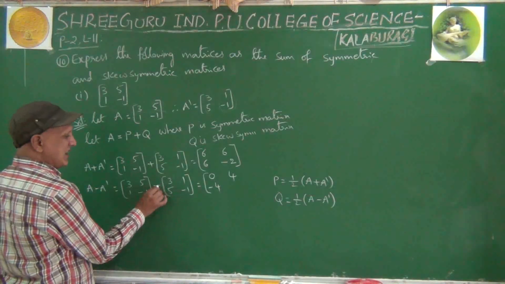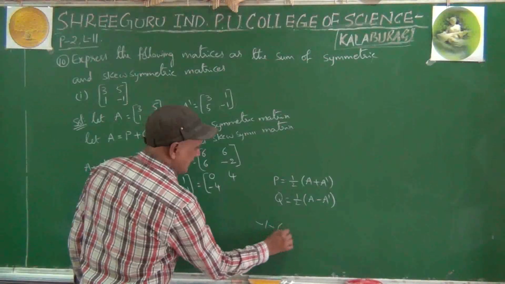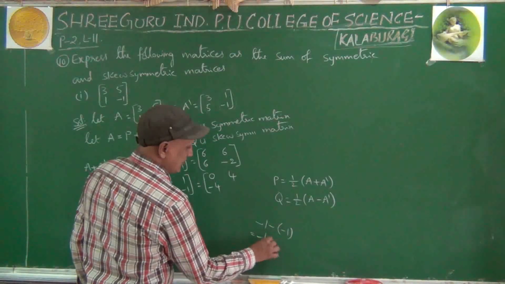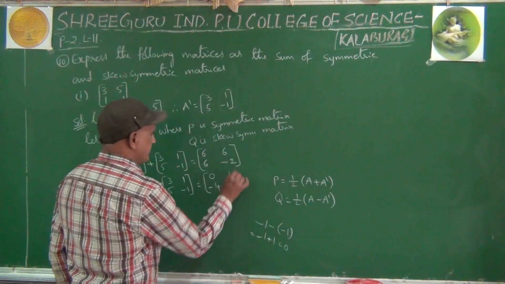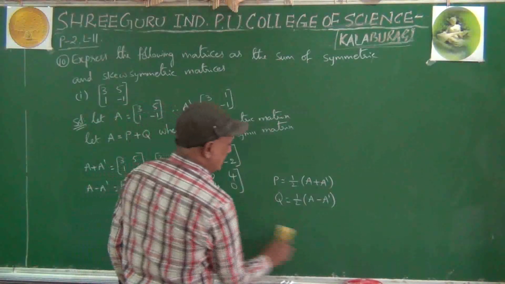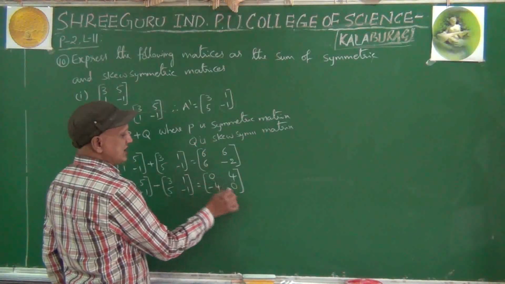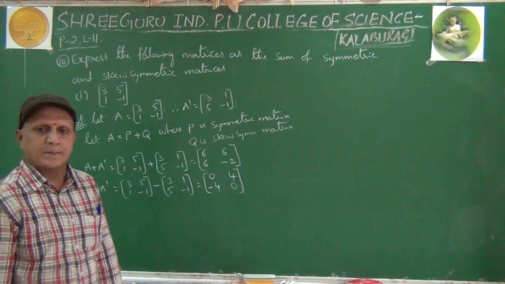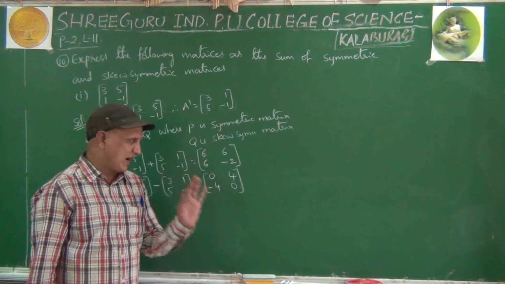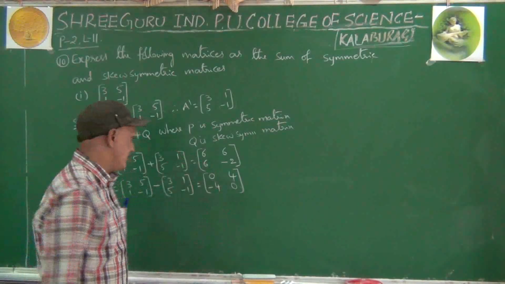Minus 1 minus of minus 1, minus 1 plus 1, 0. Remember, in a skew symmetric matrix, diagonal elements are 0 compulsory.